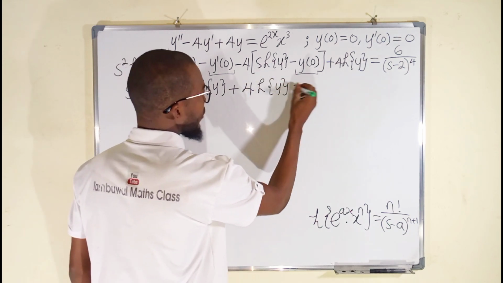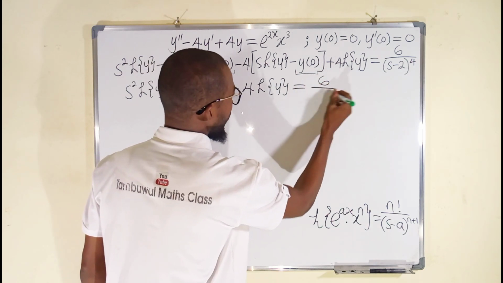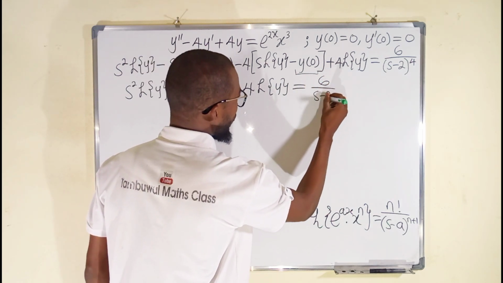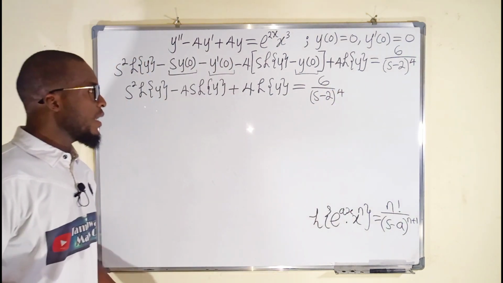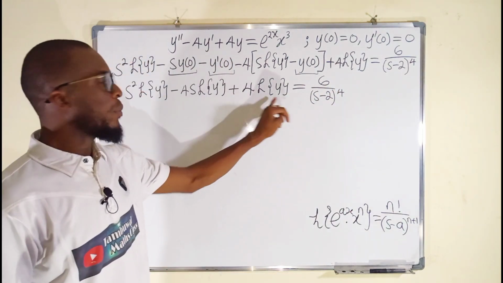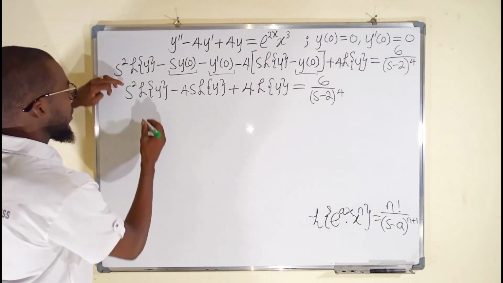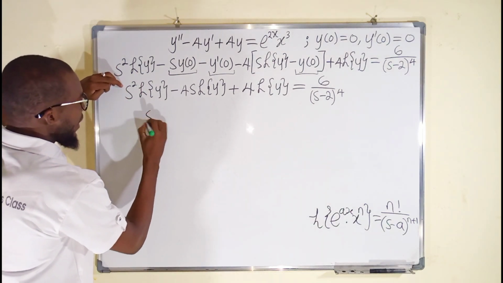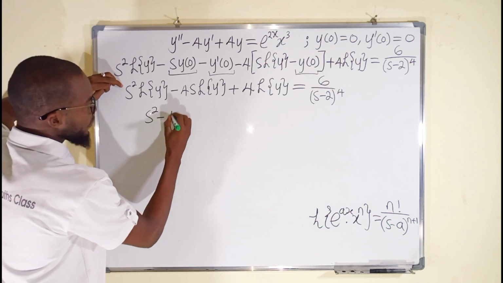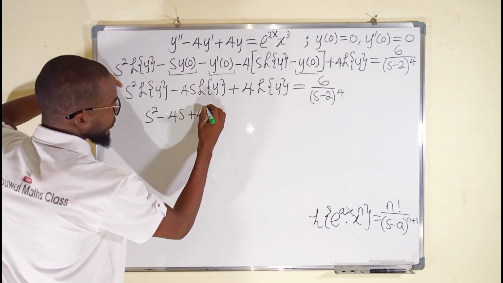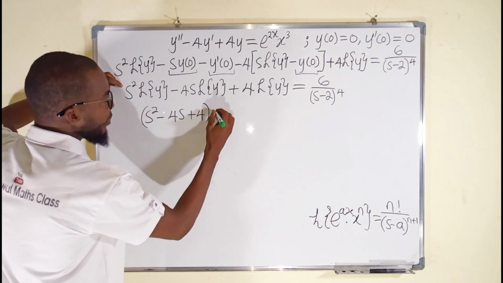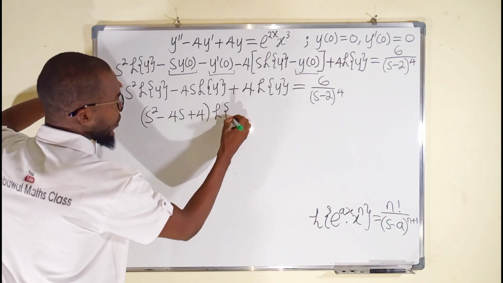And to the right hand side, we have 6 divided by s minus 2 to the power of 4. Okay, now let us factor out the Laplace transform of y. We have s power 2 minus 4s, then plus 4. All of this multiplied by the Laplace transform of y.